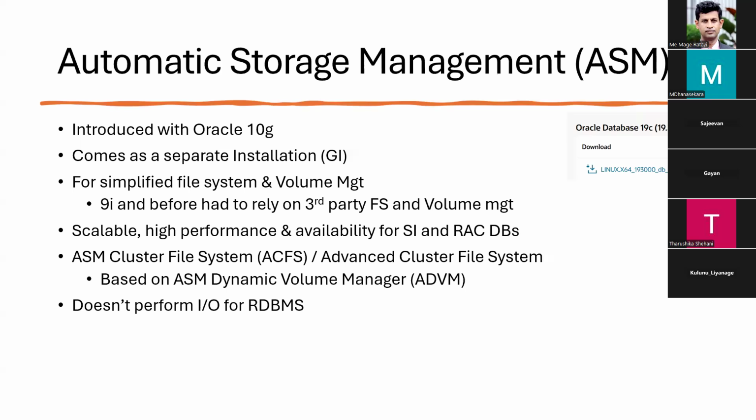If it is Windows, we have FAT32, NTFS, and similarly for Linux, you will have ext4 and so on. Based on the operating system, you need to put a file system in order to make the disk visible.